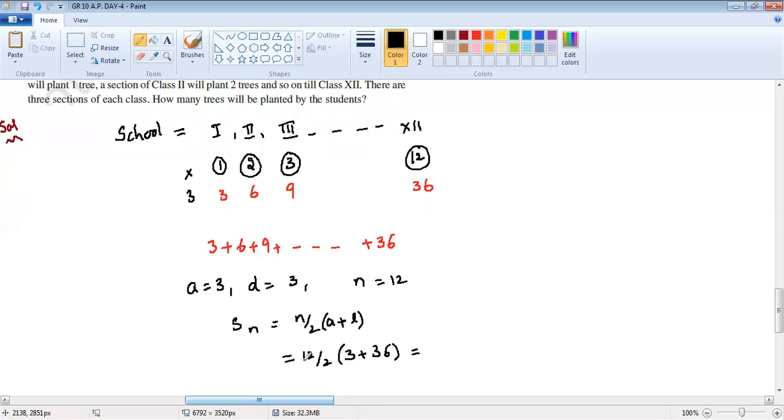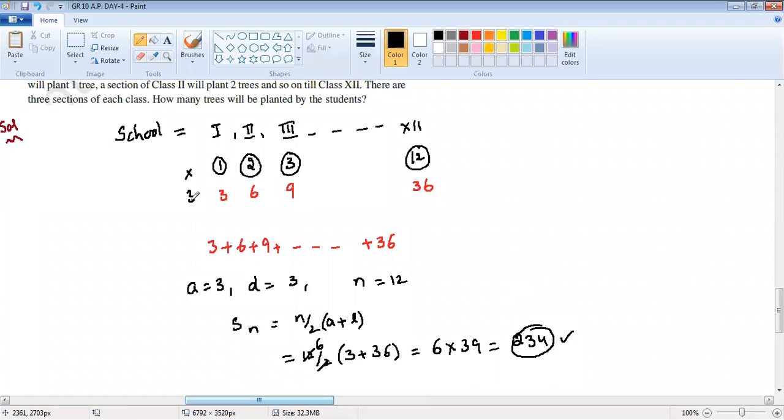So 2 sixes are 12, 6 into 39. If you multiply 39 by 6, it will be 234. Totally 234 plants they will plant.